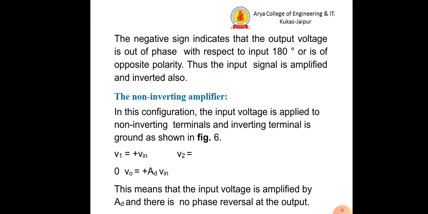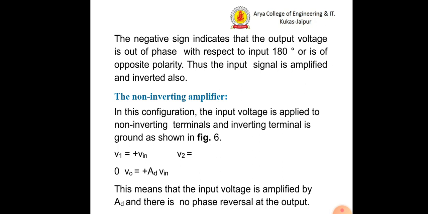The non-inverting amplifier. I hope you have already understood the inverting amplifier. The non-inverting amplifier is about applying input to the non-inverting terminal, and obviously V1 will be plus Vin, V2 is 0 and the output voltage is plus AD Vin.